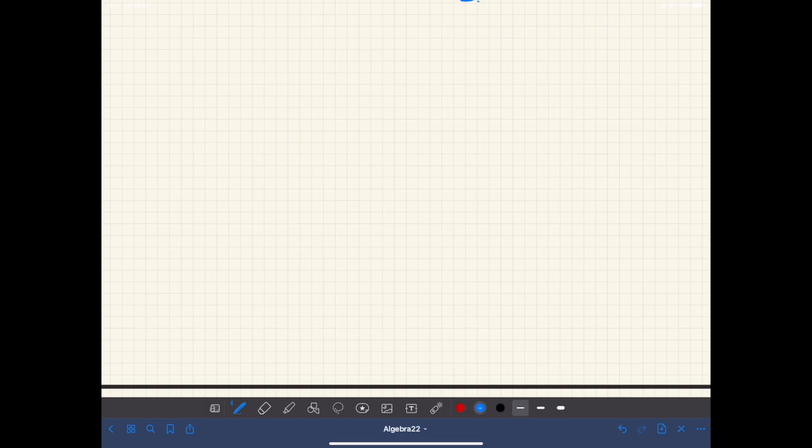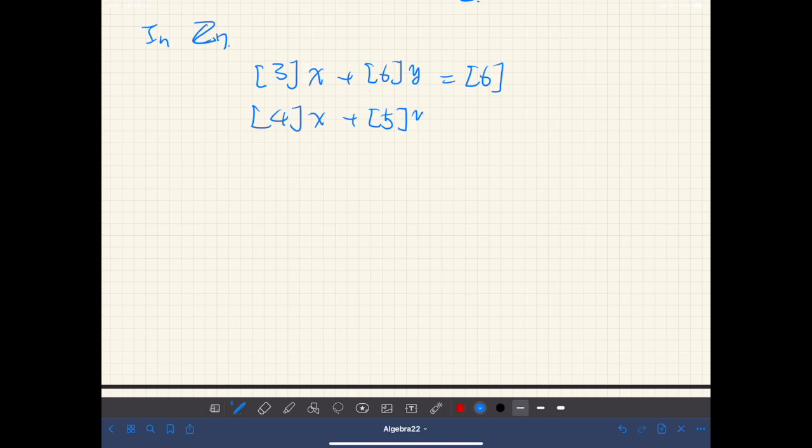Next, consider again in Z7 the following simultaneous linear equations: 3x plus 6y equal to 6, and 4x plus 5y equal to 4.